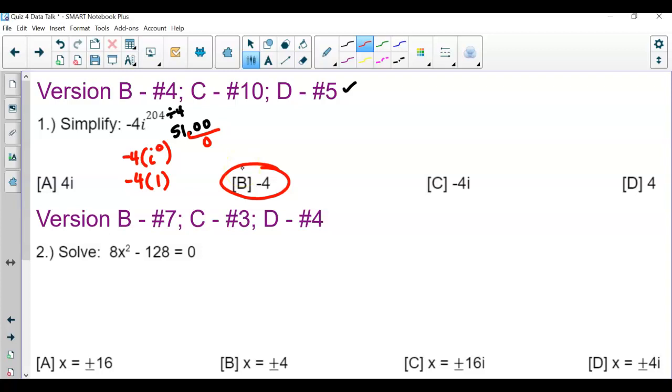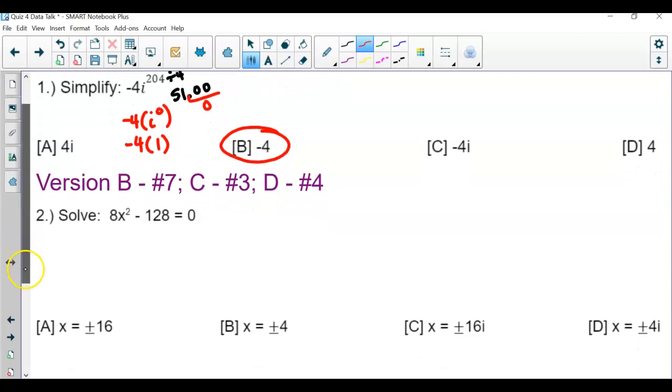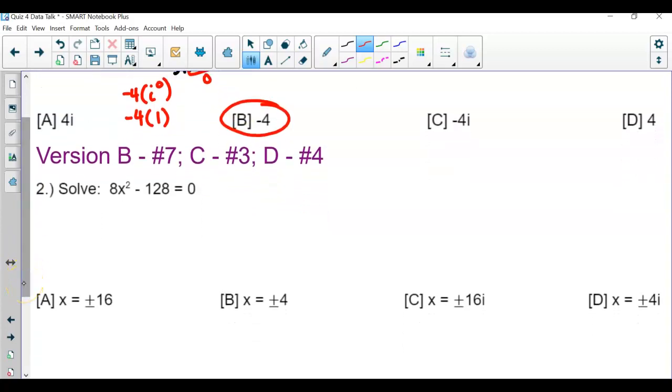So now go ahead and find question number 2. With question number 2, notice how there is no x. So treat it like a two-step with the square root method. So add or subtract first. Here I'm going to add the 128 on both sides. Now I've got 8x squared is equal to 128.